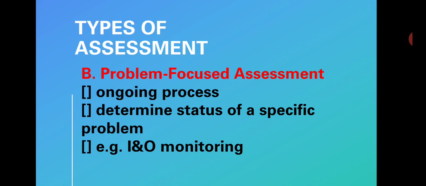Since the problem was oliguria, you promoted increased fluid intake, and you reassess the patient a few hours after to identify if there is an increase in urine output. That's one example of problem focused assessment.